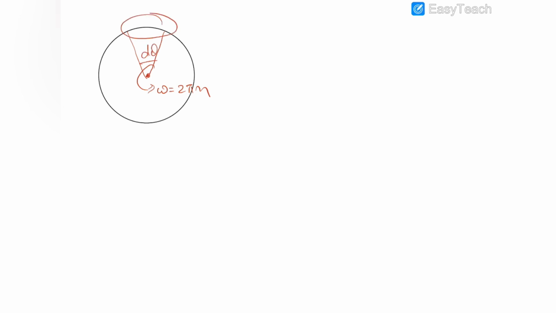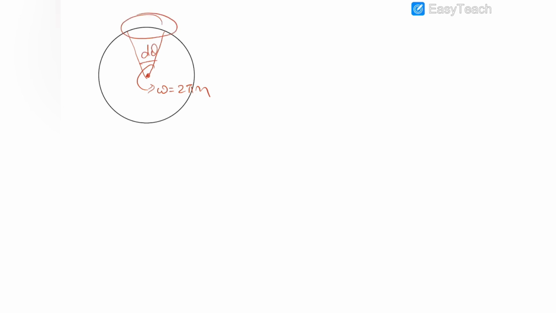Now let us first of all consider a ring, and it is rotating with an angular speed of omega, which is equal to 2 pi n. Okay, so we have already derived the result, but I am again deriving it for this question.